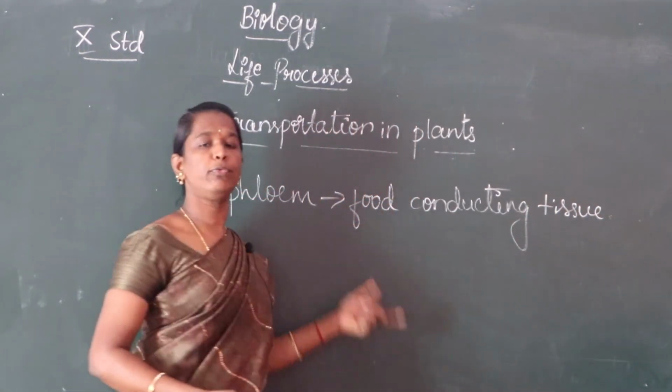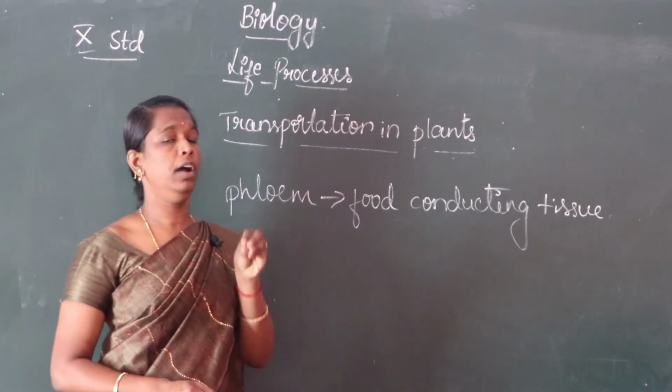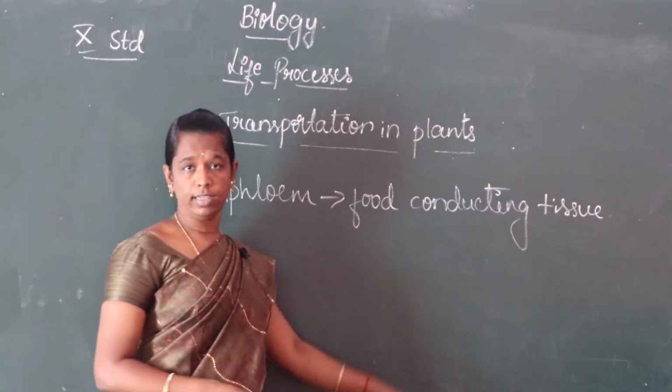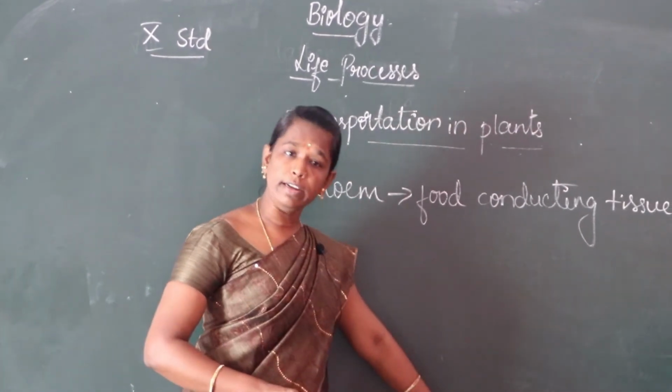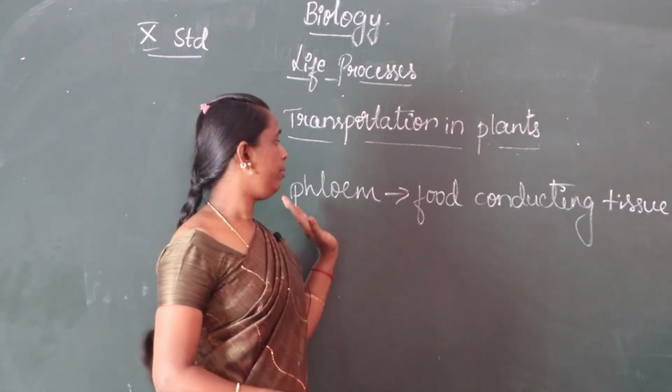It transports food materials. How? We put fertilizers like urea, superphosphate and other NPK, right? So that food and other minerals are transported from roots to all parts of the plant.